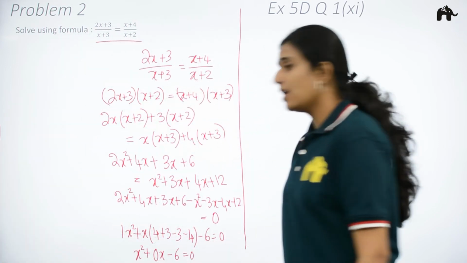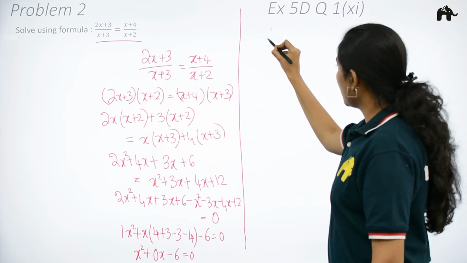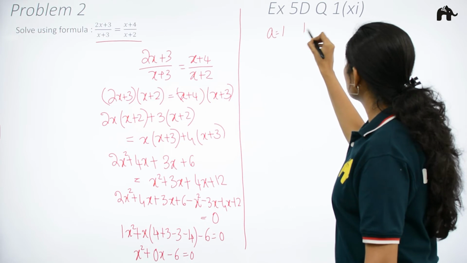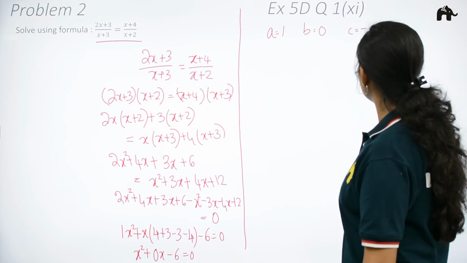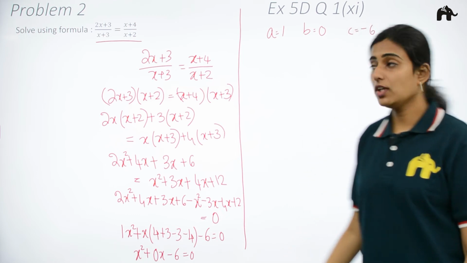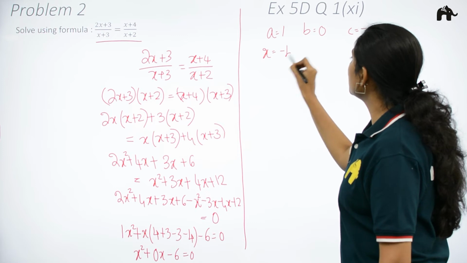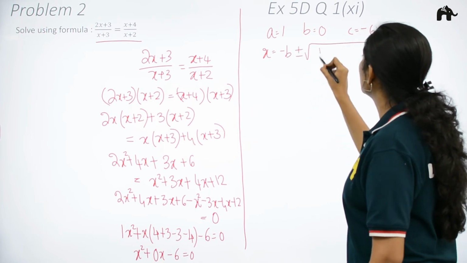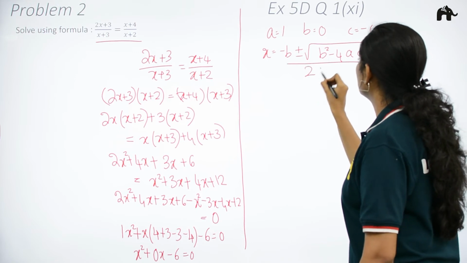Now here, what are the values of a, b and c? We got a is equal to 1, b is equal to 0, c is equal to minus 6. Okay. Now we can use the quadratic formula. x is equal to (−b ± √(b² − 4ac)) divided by 2a.